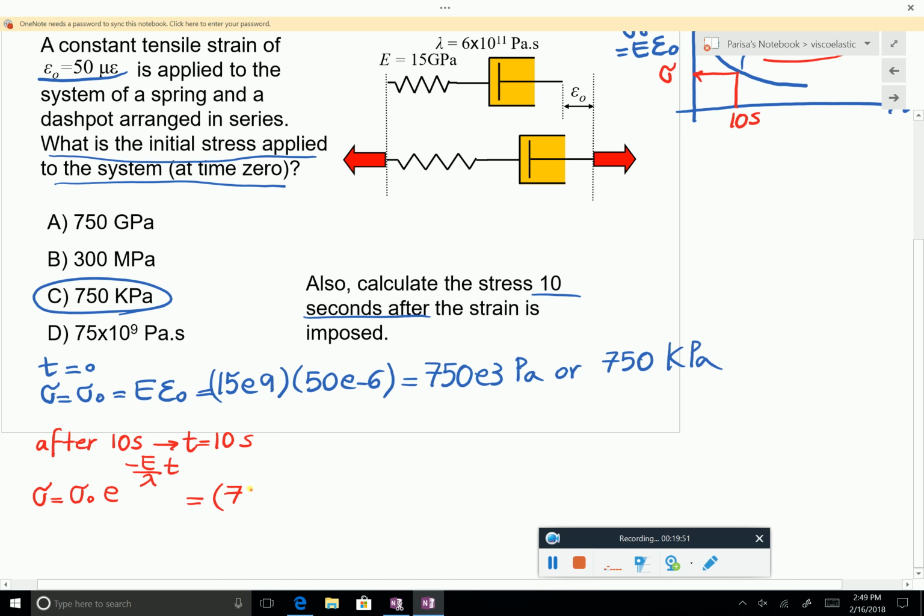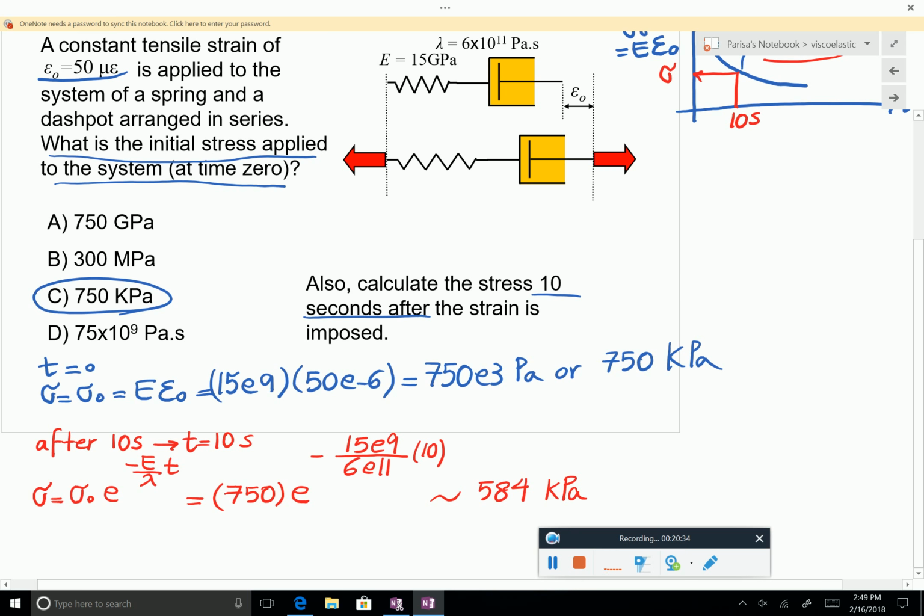You already know that this is 750, and we just substitute. This is Pascal second, and that's second, so everything is good. I think you would get something about 584. So if I ask you at some other time, you see that if it is after 10 seconds, it becomes smaller and smaller.